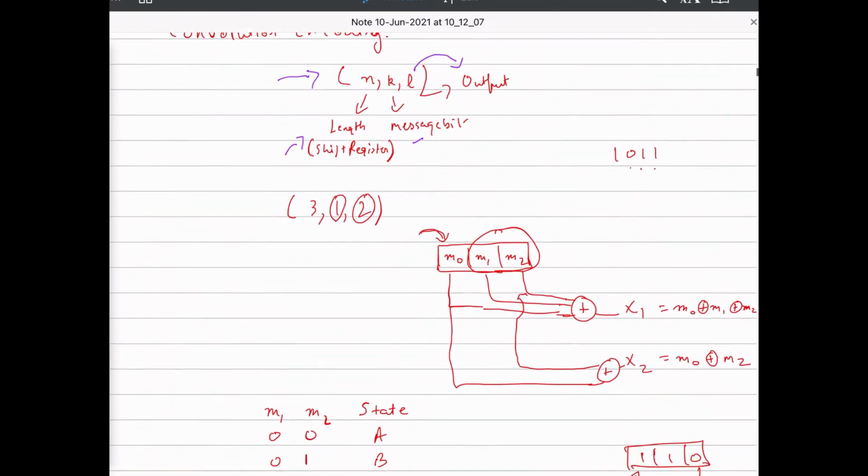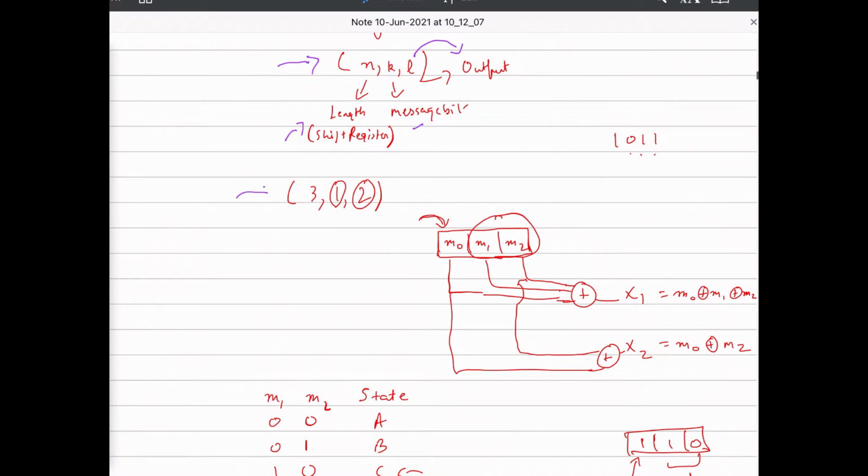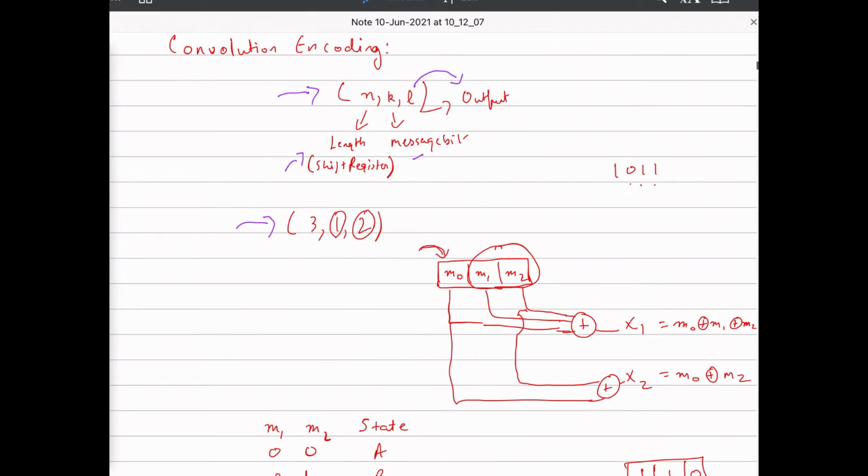I'm going to explain with the example of the 3, 1, 2 encoding scheme. This is the most common and usually it's asked in your exams. Comparing it with its general representation, we can see that n is 3, so the shift register is of 3 bits.